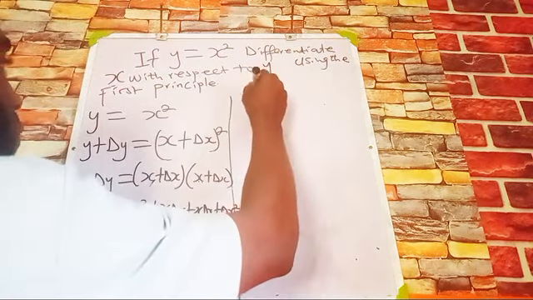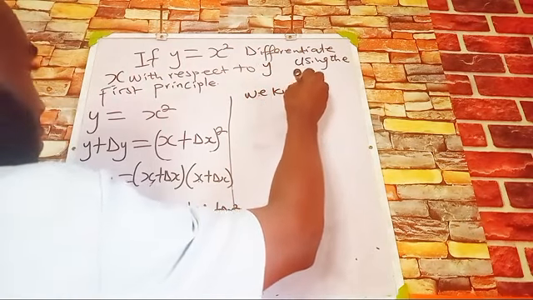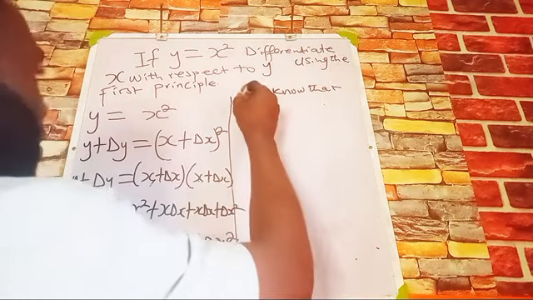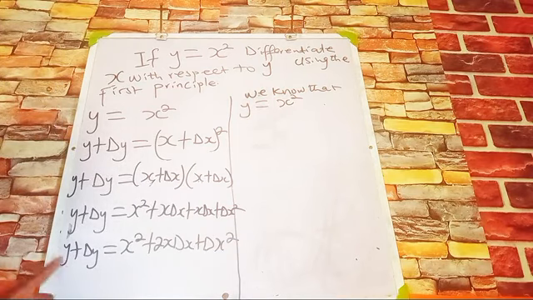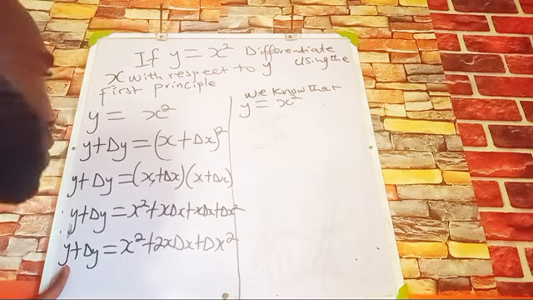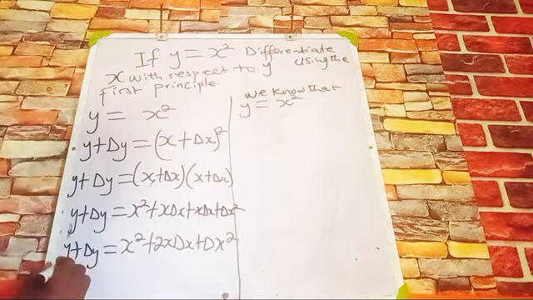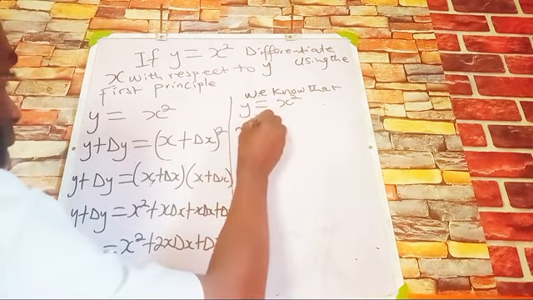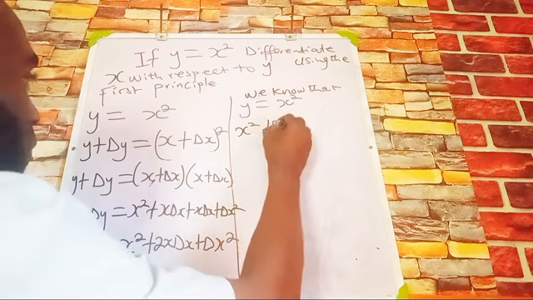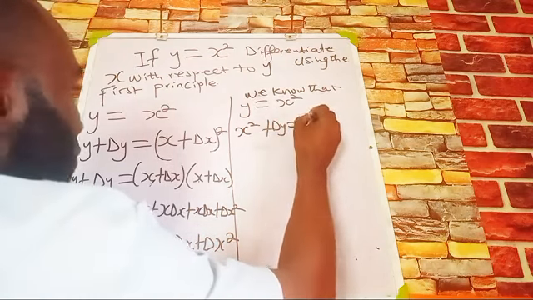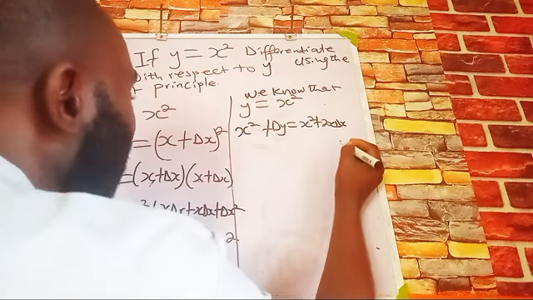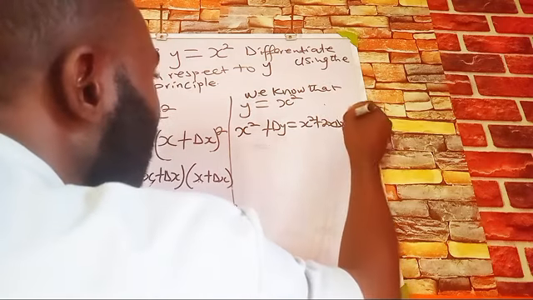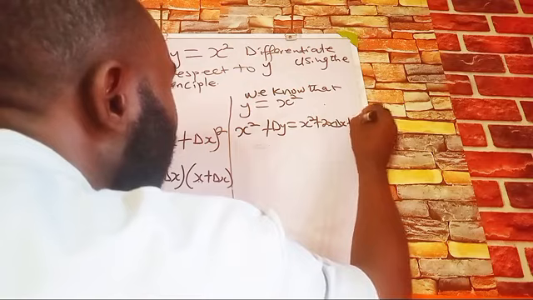But we know that y is equal to x squared. So when we see y in this equation here, we're going to put x squared. So in the position of y, we put x squared plus dy is equal to x squared plus 2x dx plus dx squared.